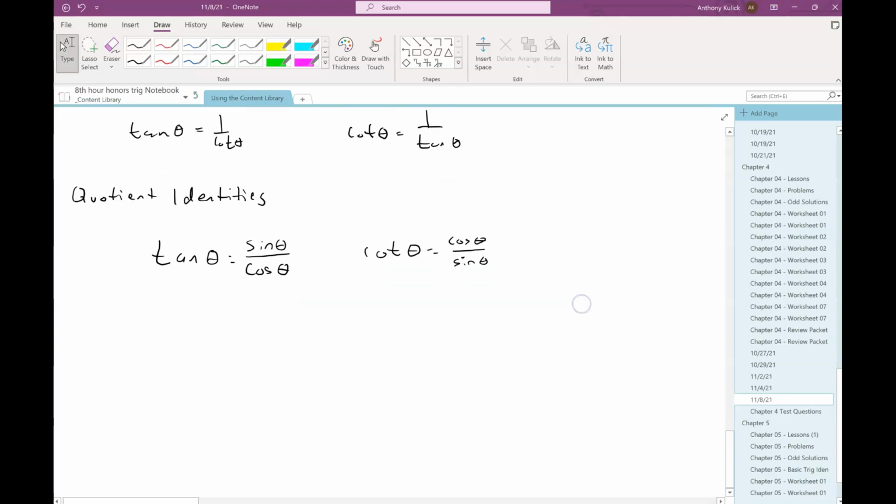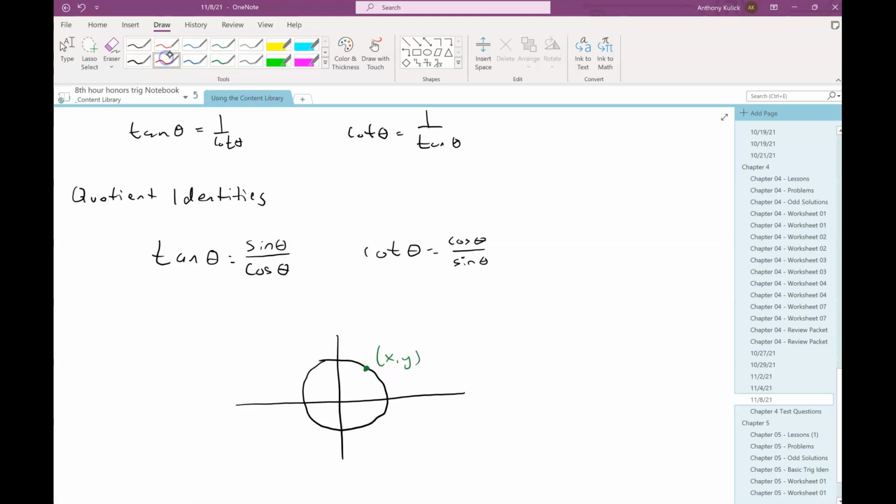Okay. So if we go back to our unit circle here, if I pick some point on that unit circle xy, and I build a right triangle like this, I know that x squared plus y squared is equal to r squared, right?